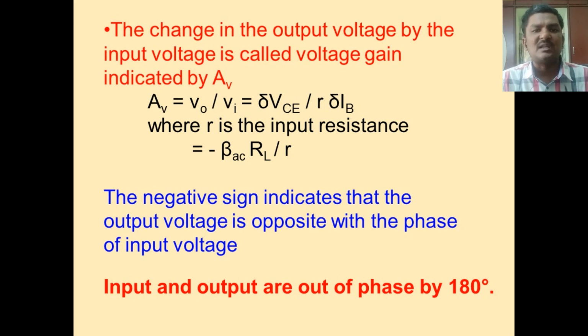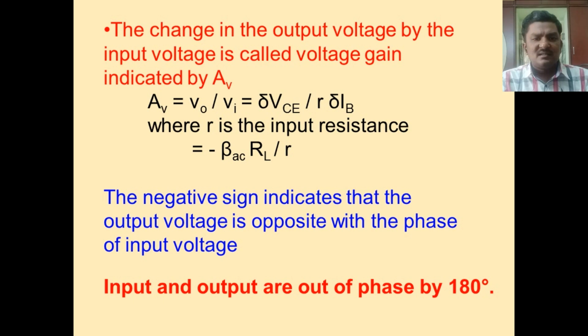Input and output are out of phase by 180 degrees. This phase difference you can learn perfectly in AC circuits.